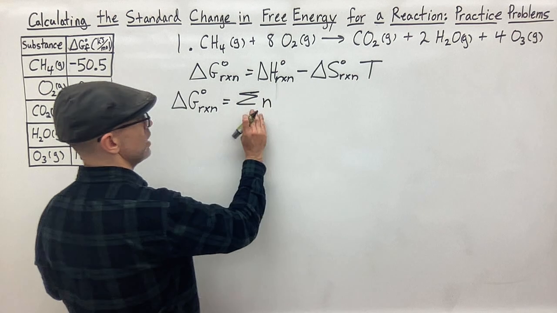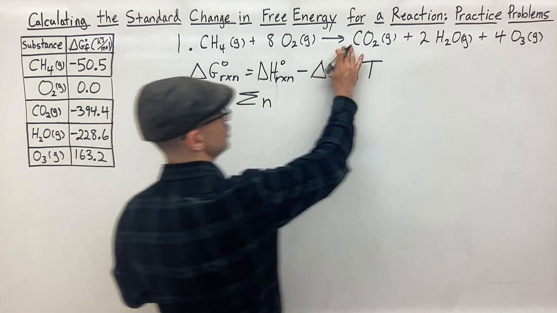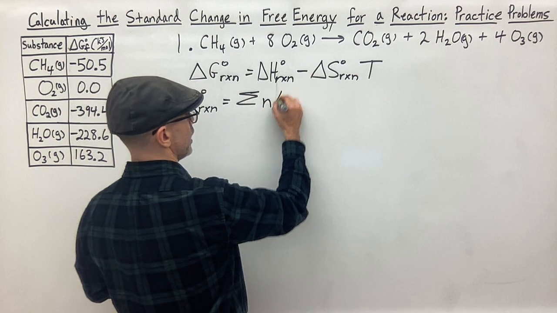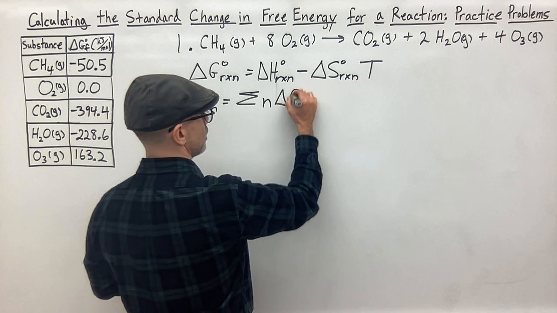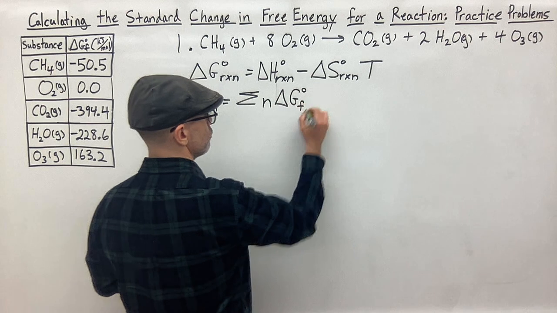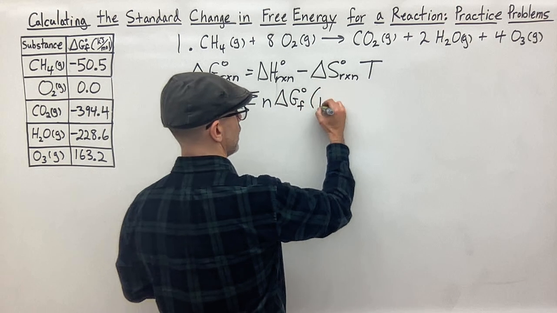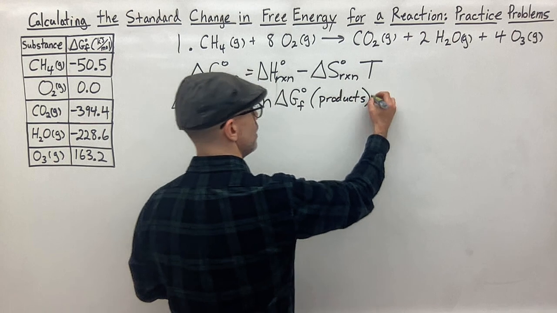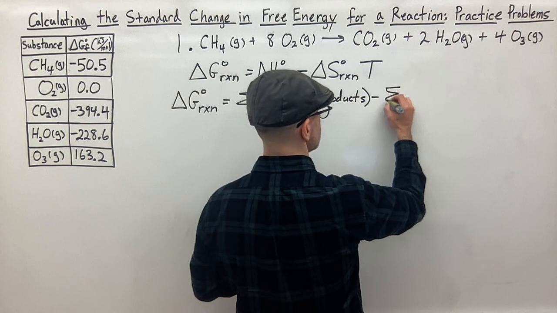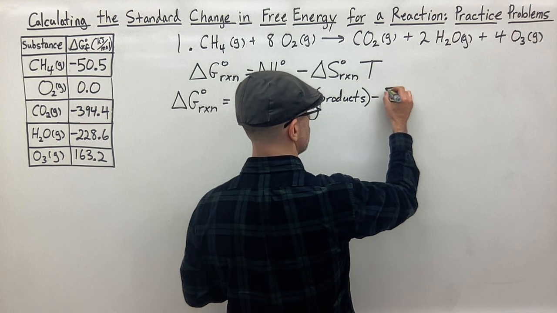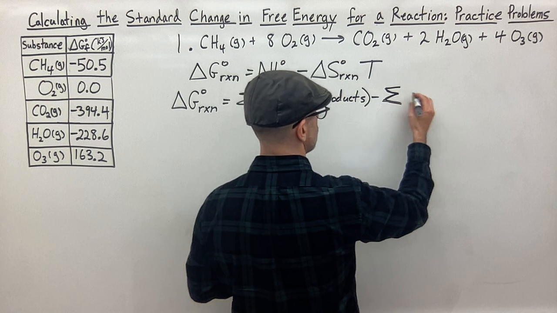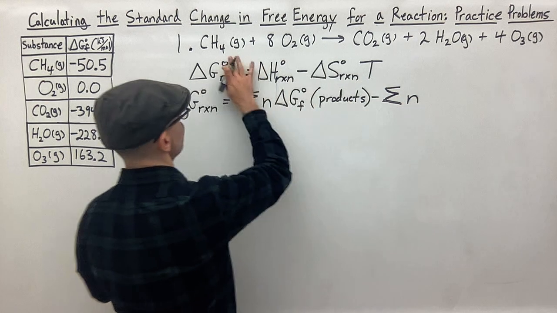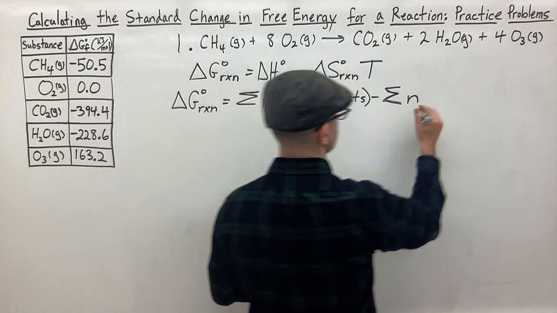So it's going to be the moles, the coefficients of the products multiplied by the standard free energy of formation. So that's of the products, minus the sum of the reactants multiplied by their coefficients, the molar coefficients.